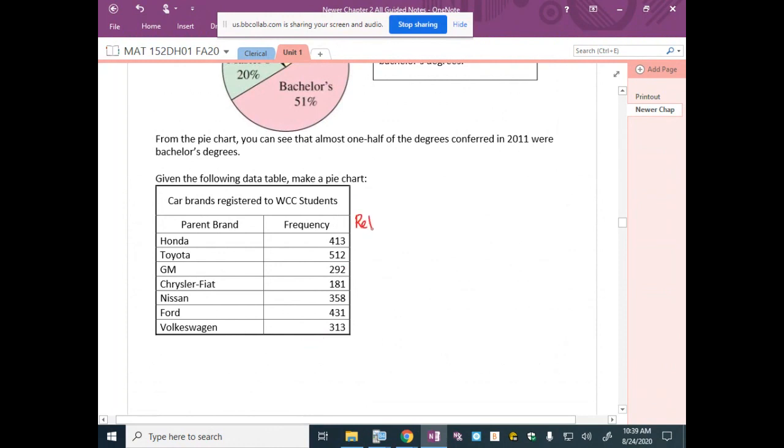We're going to do the relative frequency for each, and then the central angle. The total is 2,500.